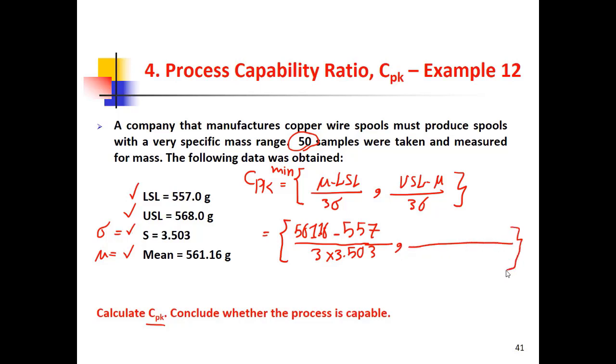And I have USL, which is 568, minus mean, 561.16, divided by 3 times sigma, 3.507.